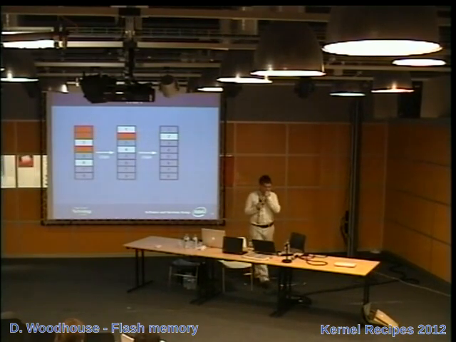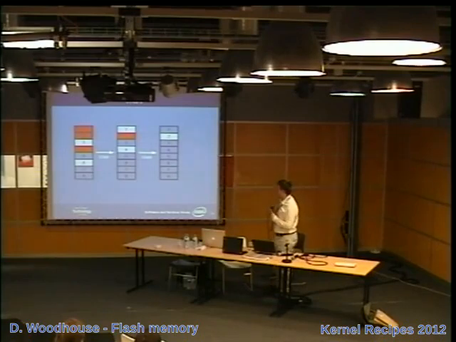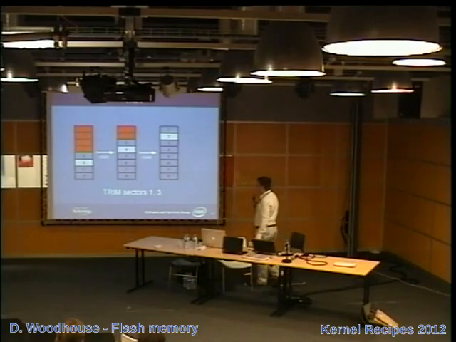And that's addressed by the trim or discard operation, which is being added to ATA and SCSI standards and being added to decent SSDs. So basically, going back to one of the intermediate stages in the diagram I just showed earlier, the operating system can say, I no longer care about the contents of sectors 1, 2, and 3.